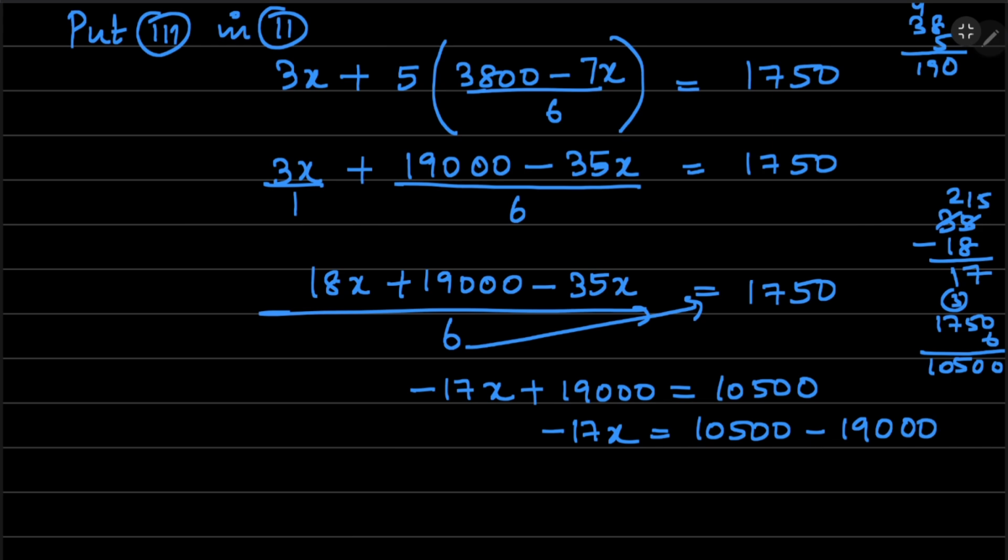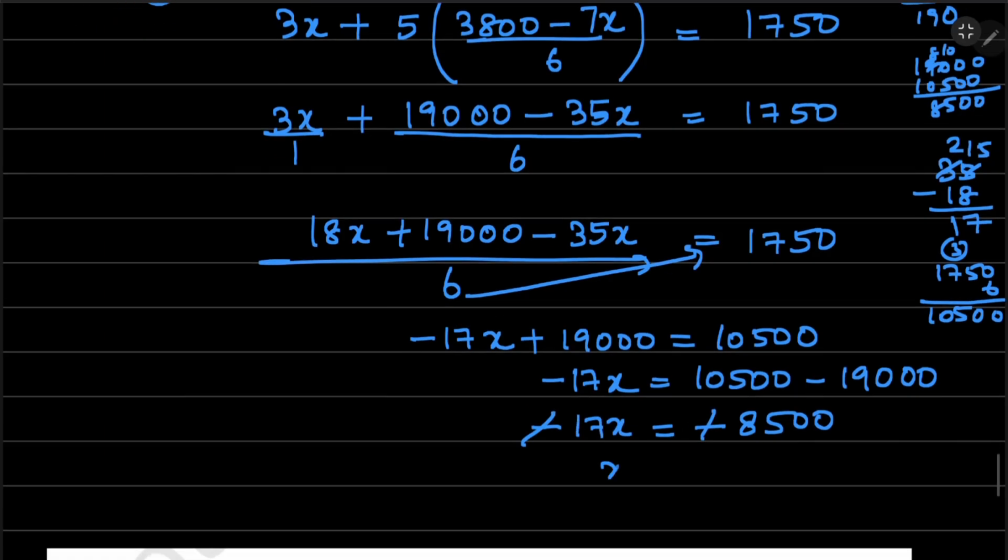Right? You can just solve 19,000 minus 10,500. So you get 8,500. Minus, because the greater number has a negative sign, minus 8,500. Here you will have minus 17x. Negative, negative gets cancelled.